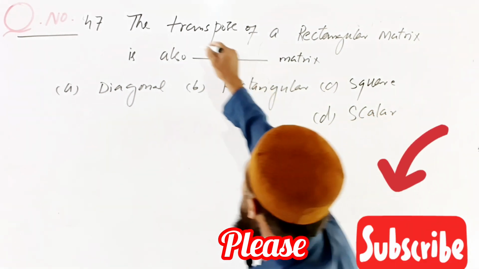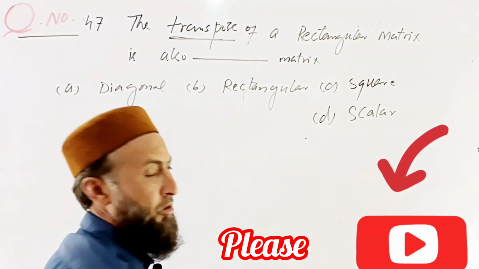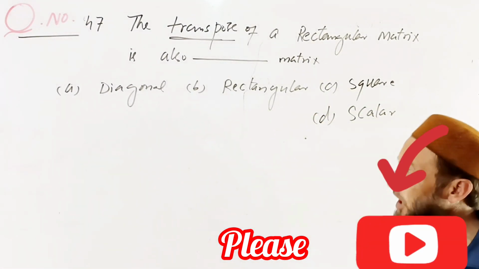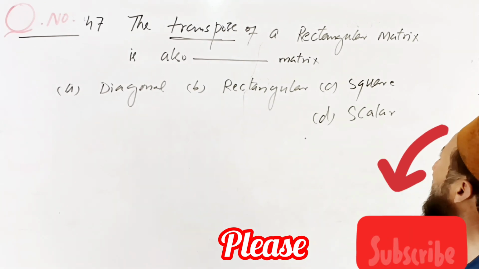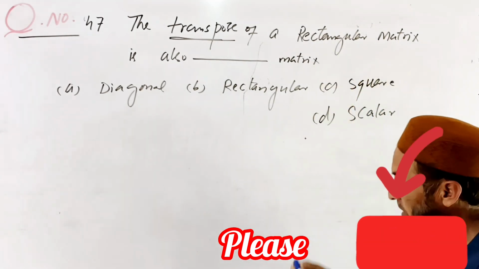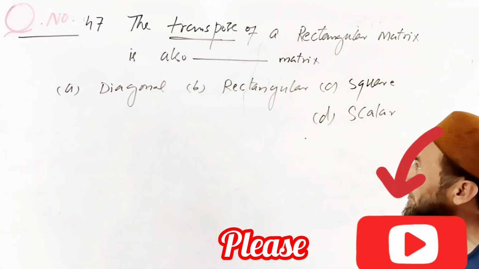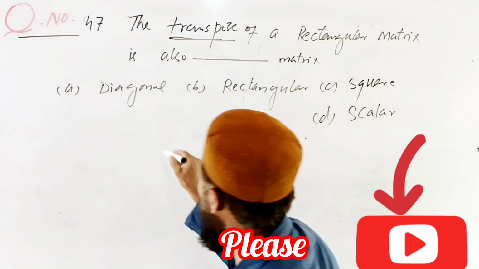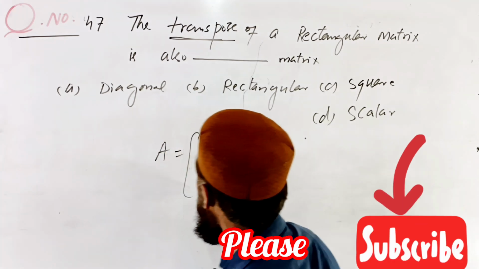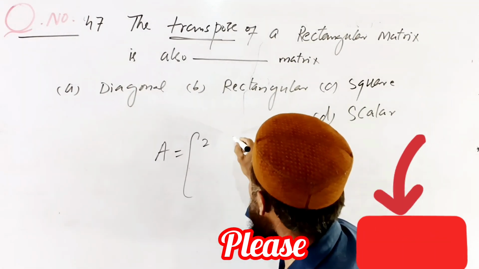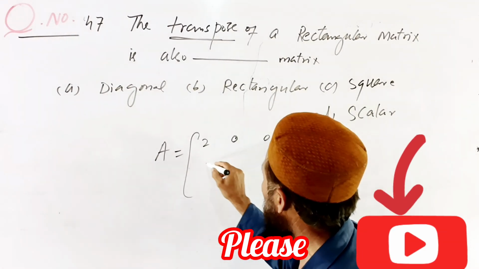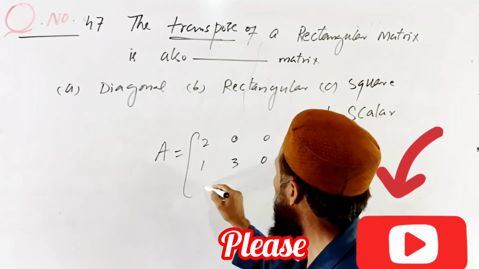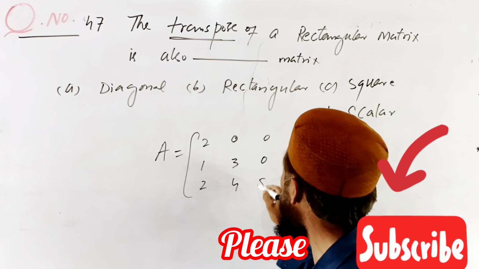So transpose is required. What is transpose? Transpose means rows change into columns or columns change into rows, which is called the transpose of a matrix. Here, rectangular matrix means upper triangular and lower triangular matrix. For example, we take one matrix A equal to 2, 3, 0, 0, 1, 3 and 0, 2, 4, 5.